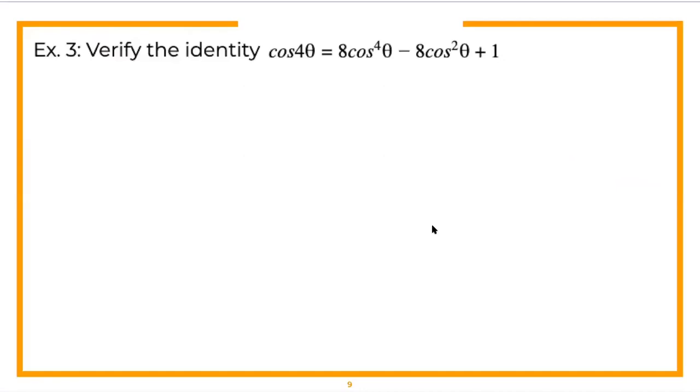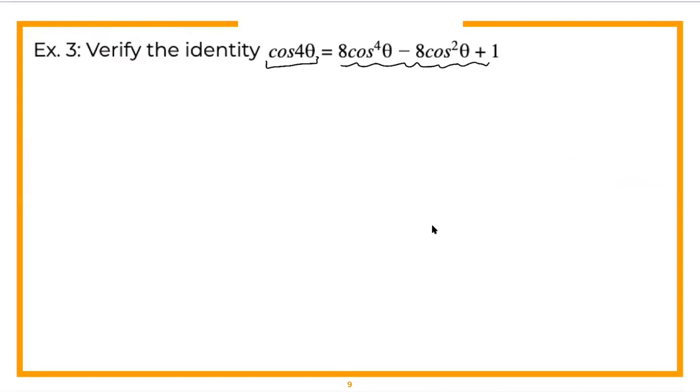Okay. So we're going to start off with this one. We have cosine of 4 theta equals 8 cosine to the 4 theta minus 8 cosine squared theta plus 1. What we're going to do is take this cosine 4 theta and try to make this simple side way more complicated to get it to match the other side.